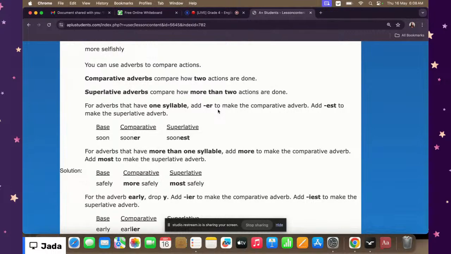So we have some examples here. Soon, sooner, soonest. So we have soon as the base, sooner as the comparative, and then soonest as the superlative. So can you all give me examples of base word, comparative adverbs, and superlative adverbs, just like how we have soon, sooner, soonest?